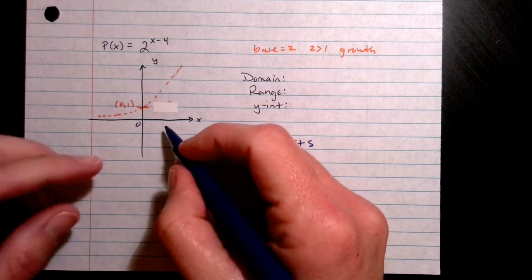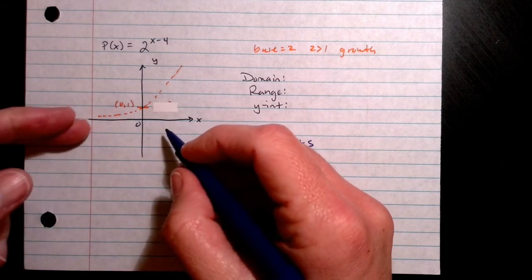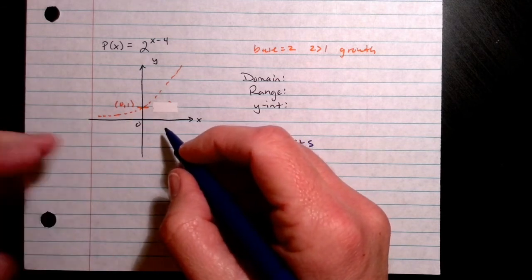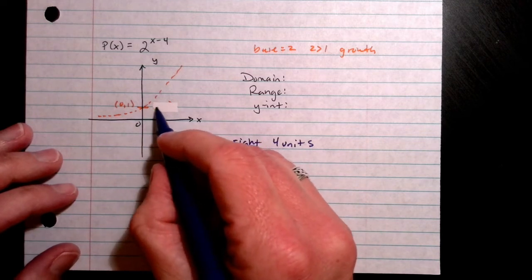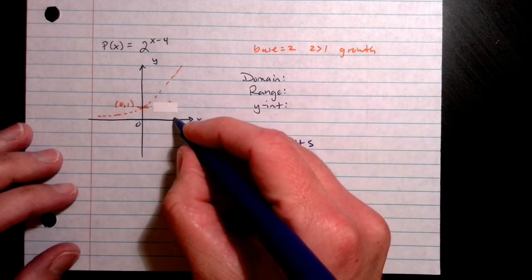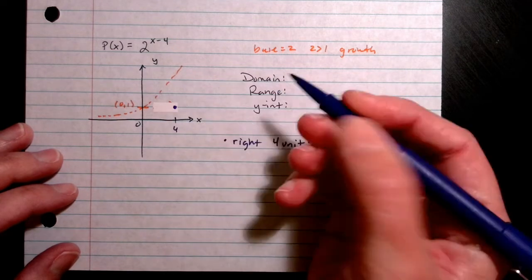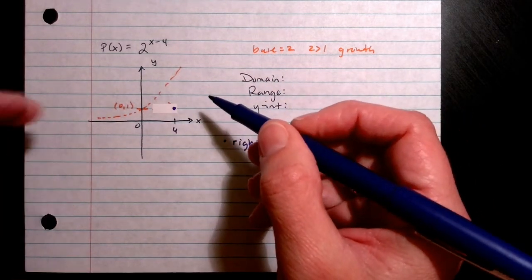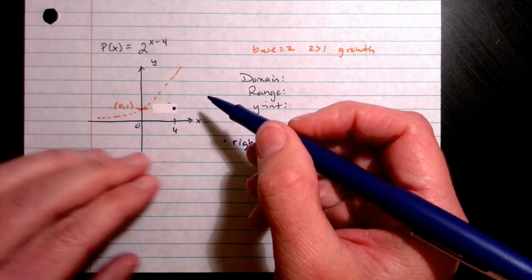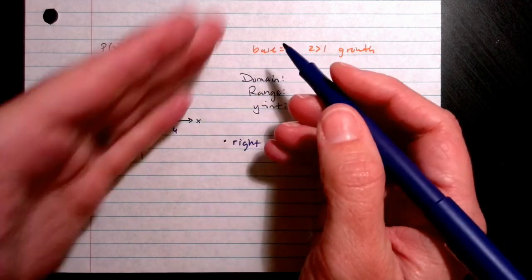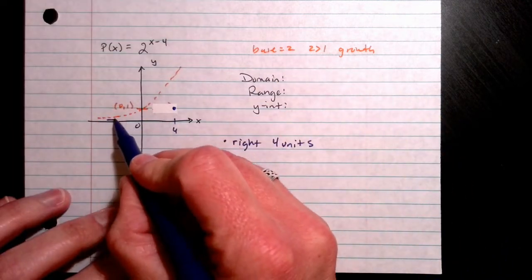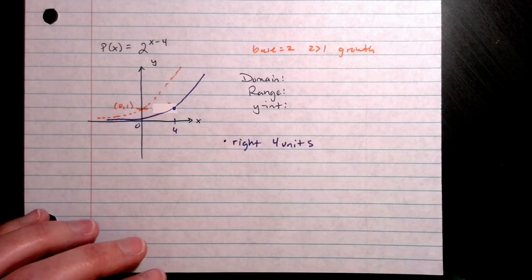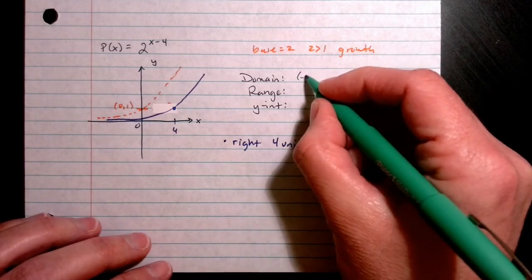Now let's sketch this. Like in the previous problem, we're going to take this y-intercept and use it as a guide. We're going to move it to the right 4 units. That's the only transformation, so the behavior is going to be exactly the same. It's still going to be asymptotic to the x-axis, and it's going to be increasing. So the domain again is all real numbers.